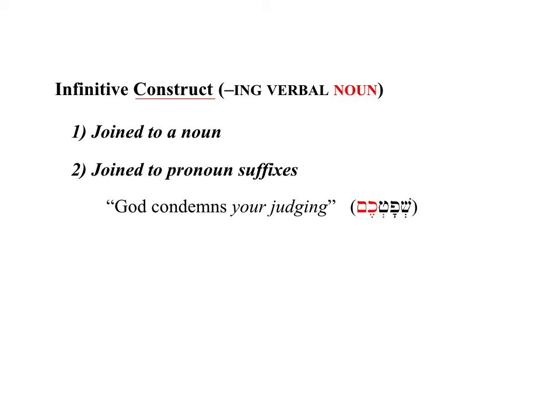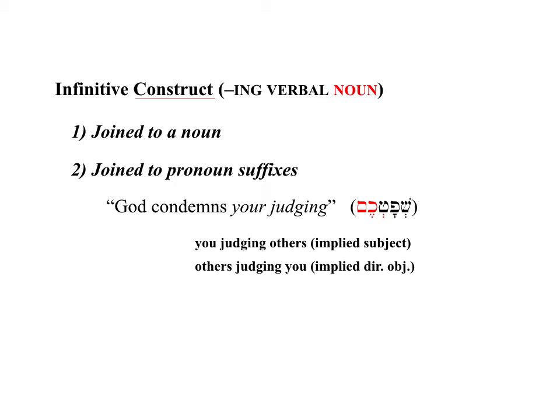It can also be joined to a pronoun suffix. So God condemns shafot kem. He condemns your judging. Again, this expression is something that can convey either that God condemns you judging other people, or he condemns other people who are judging you, in which case the "your" is a possessive type pronoun, and it is the implied direct object of the verbal action of judging.